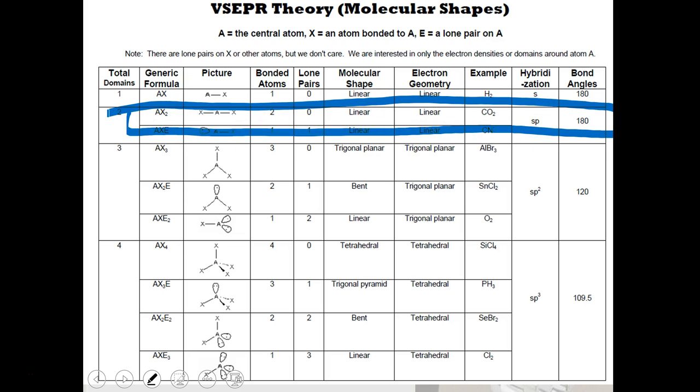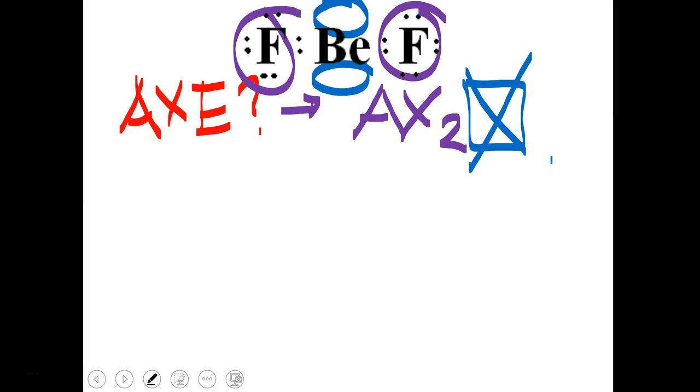There's all the information you need to know about it. Again, this line we don't care about, that line we don't care about. Now looking at the VSEPR theory, how would you draw this to be a VSEPR structure? Hopefully you put B in the middle.